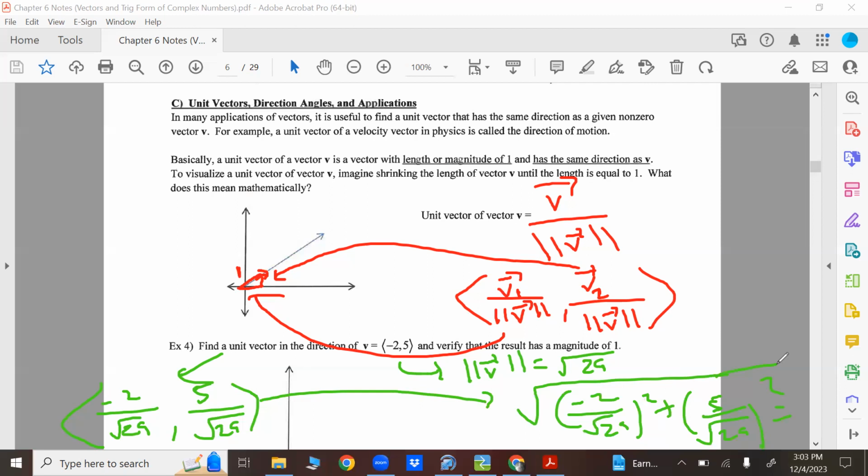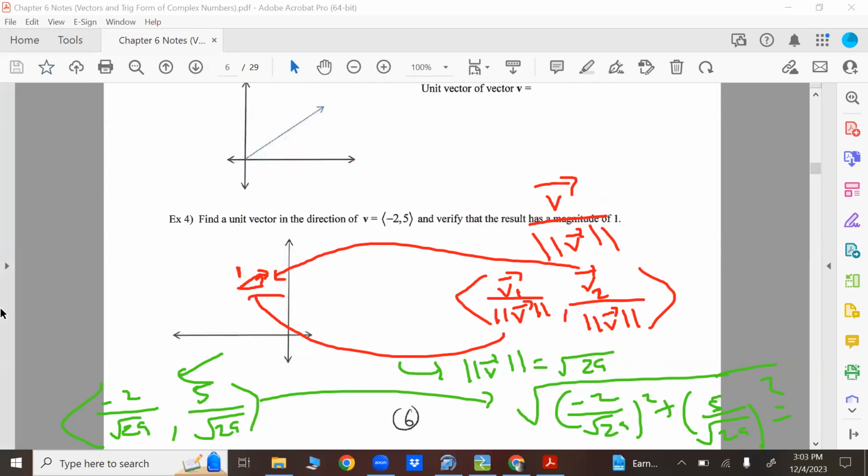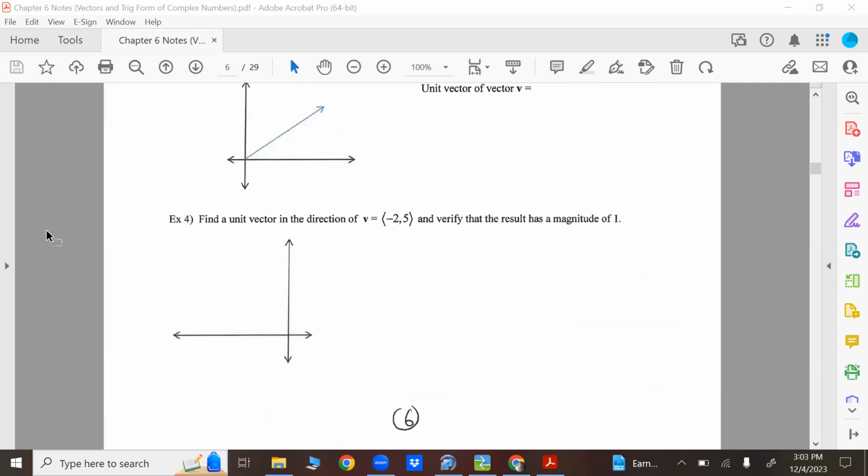So you kind of force the length to be 1. And if you were to draw it, so that's V, and that would be the unit vector.